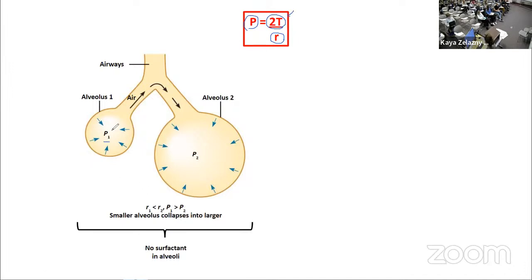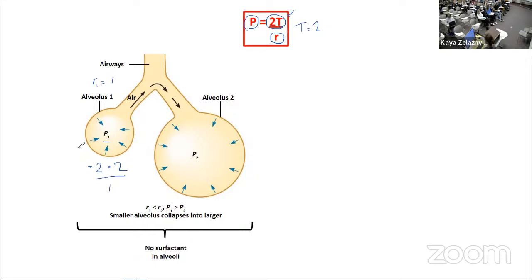I'm not going to make you do calculations in the future, but I like to do them as an example. So let's make T equal to 2. This pressure, P1, will be 2 by 2, and let's say the radius, R1, is just going to be 1.